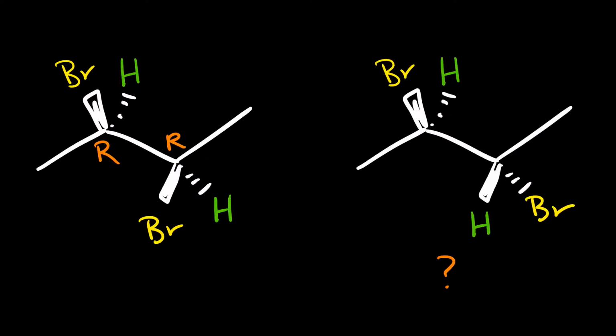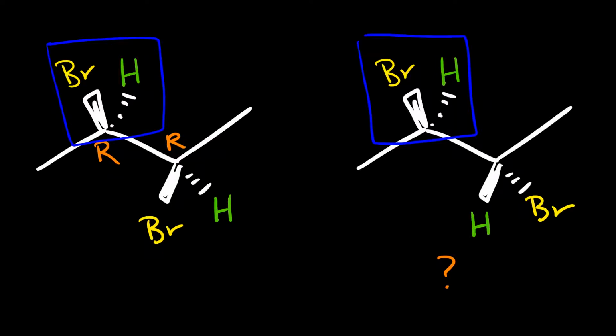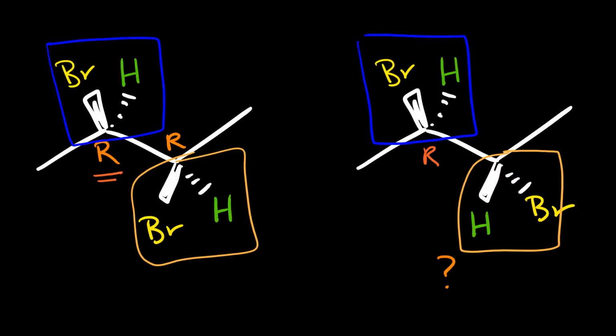Let's take a look at this one. Notice that the configuration is the same on the carbon on the left, so it should be R, just like it was R over here. However, if you take a look at what's going on the carbon on the right, they're exactly opposite. And so since this one was an R, we can assume that this one is an S.